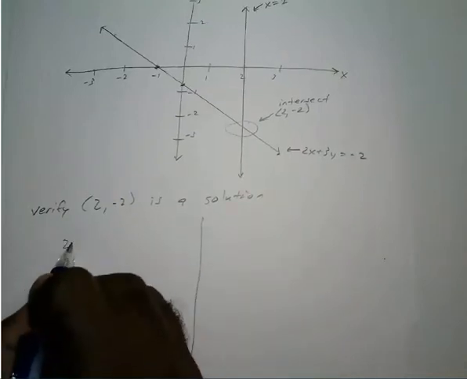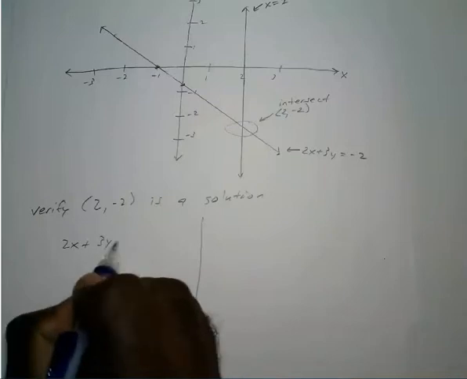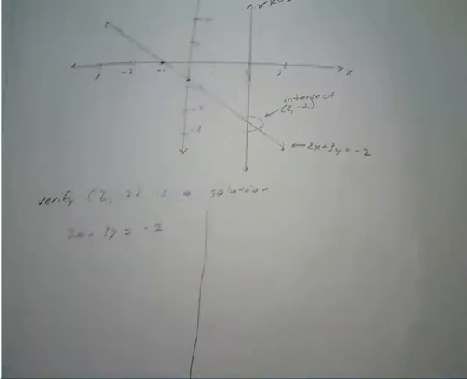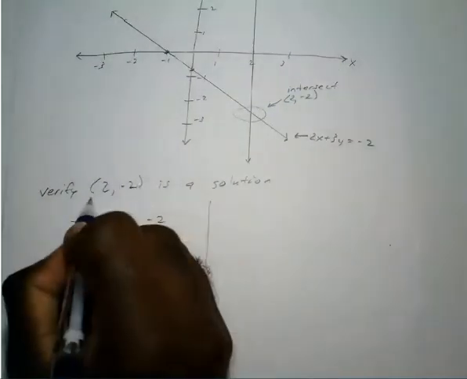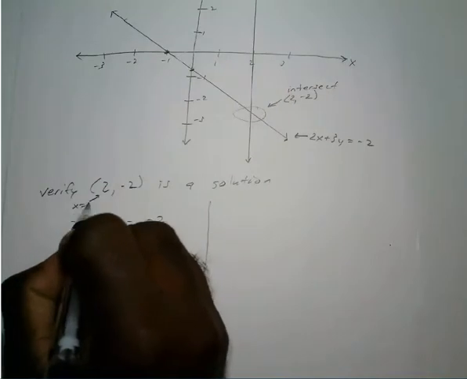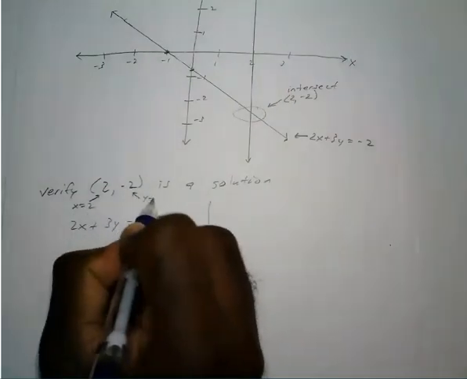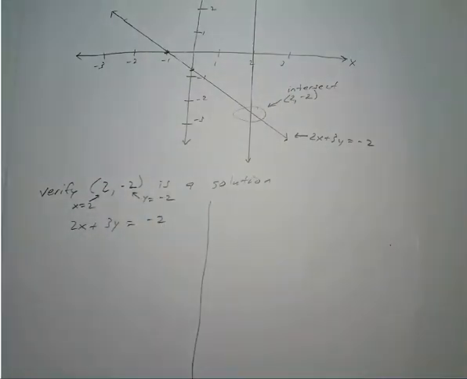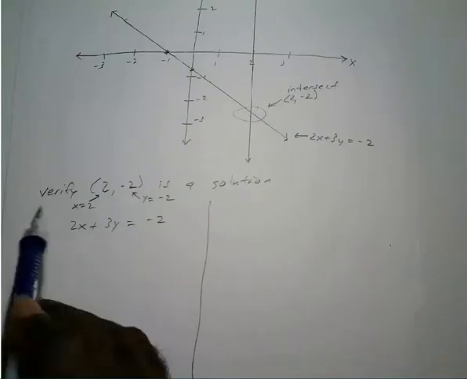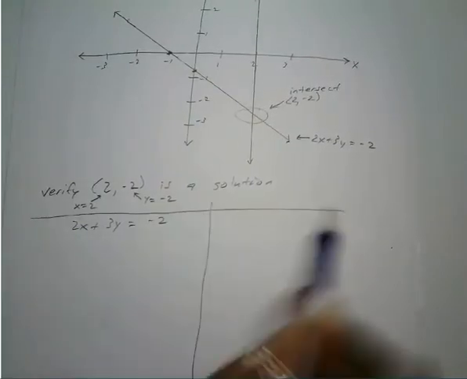Okay, so we have 2x plus 3y equals -2. And remember, this just means that x is equal to 2 and y is equal to -2. Let me draw another line to separate that.